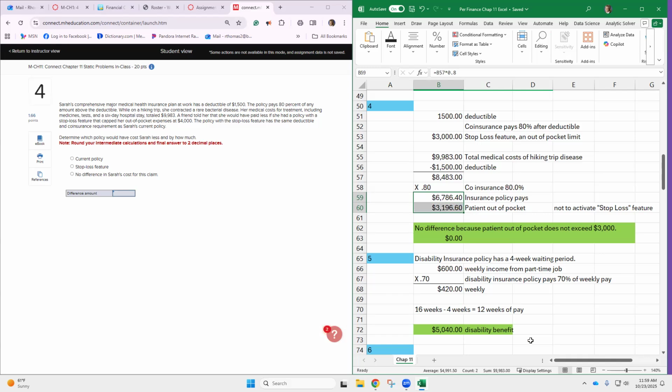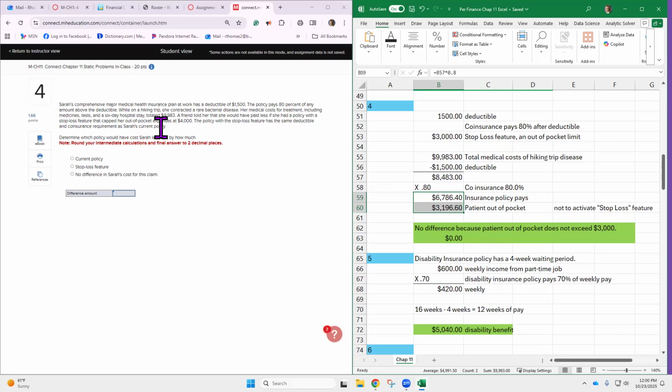In Excel, you can just highlight two numbers, and down at the bottom, you'll see how much the sum is. So you don't even have to put in a formula. It says $9,983. Yes, that's the total bill accounted for.